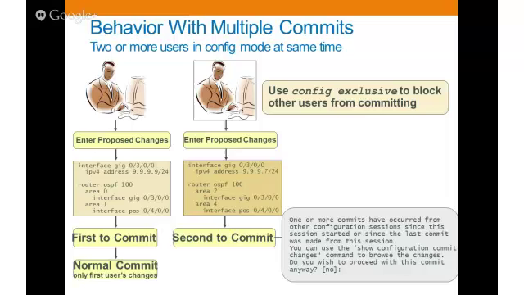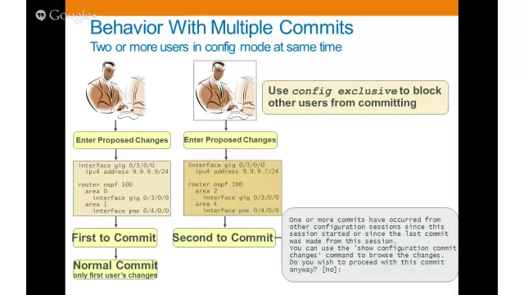Whichever admin does the first commit, that goes through the normal commit process. So the two-stage commit comes there, and it goes right into the show run for the router. Now the second admin was typing at the same time, but he does a commit later, second to the first one.